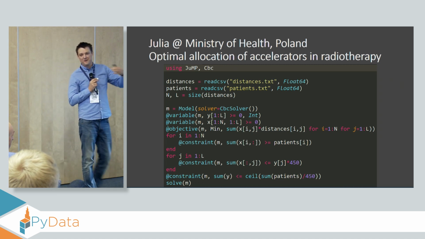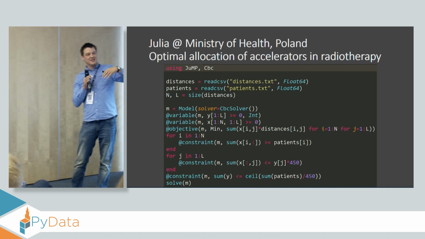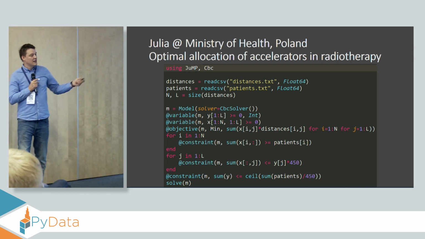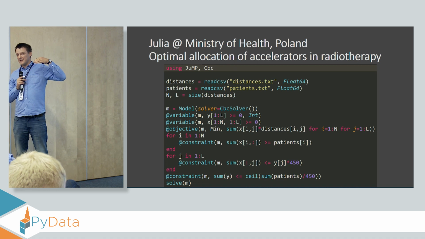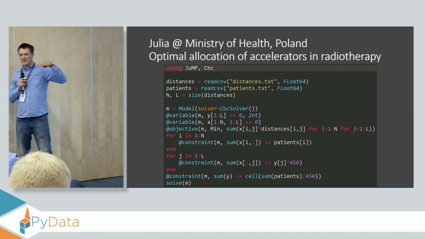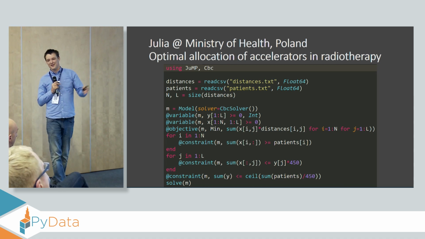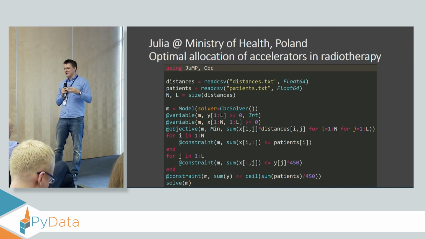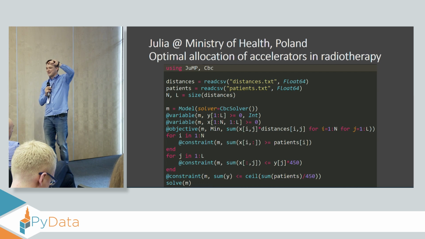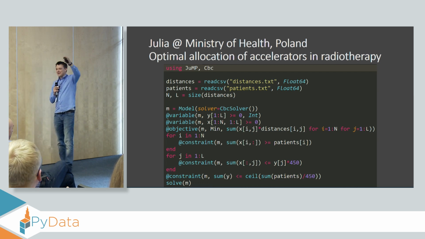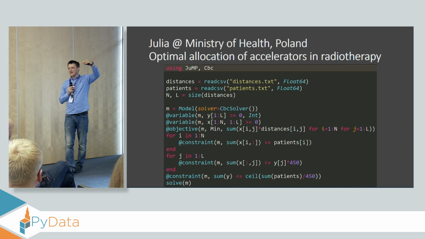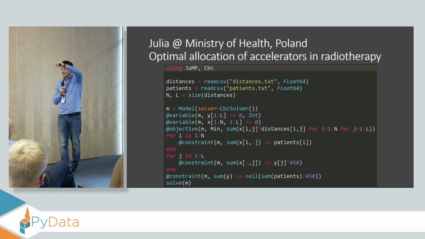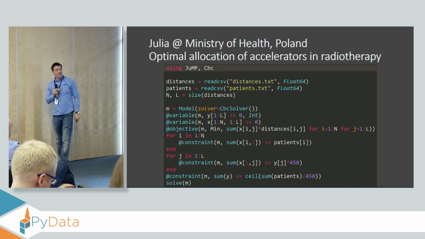So you have to build a lot of matrices and then push them to a solver. And this was the solution in R. Actually, the ministry's problem was not that it was 500 lines of code, but that no one could understand this code because of the tweaking. For example, if matrix B in row 20, column 25 is 1, it means something, and if it's 2, it means something else.